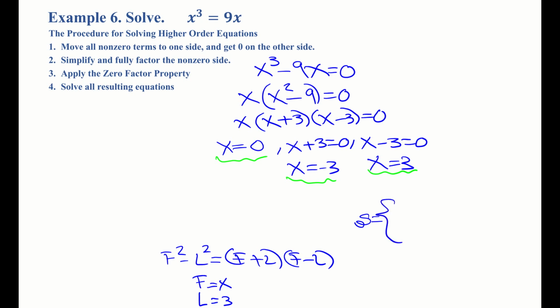Now, if you're going to go by the convention of writing things from smallest to largest, then you would, of course, put -3 first, then 0, then 3. But also, always remember the order is not mandatory. I mean, you could have put these three numbers in any order, and it would have been correct, right?